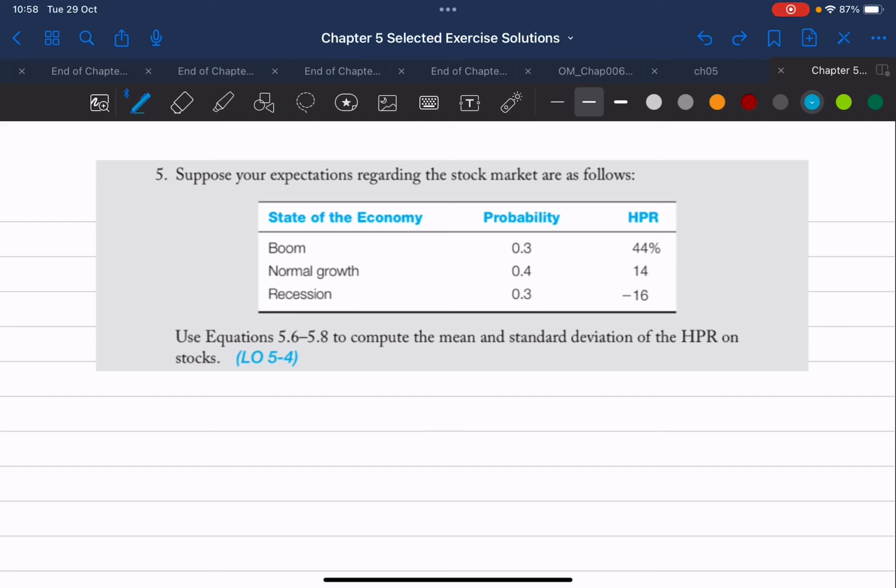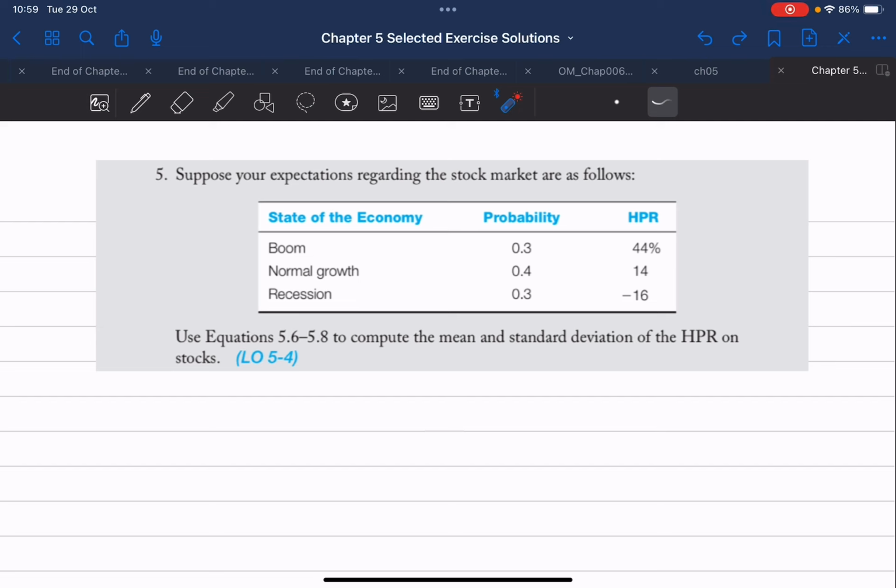In this video we're going to go over exercise number 5, which says suppose your expectations regarding the stock market are as follows. The question provides a table that shows three assumed scenarios: an economy boom, normal growth, or a recession.